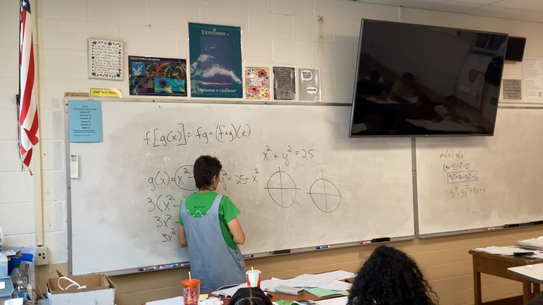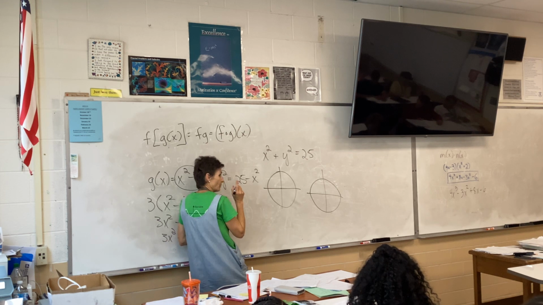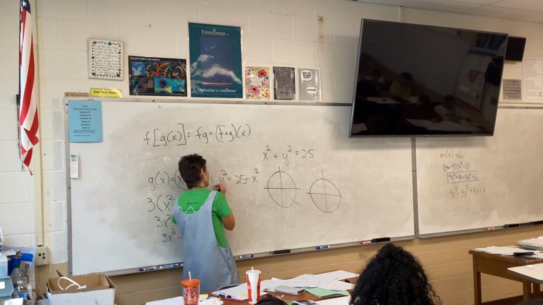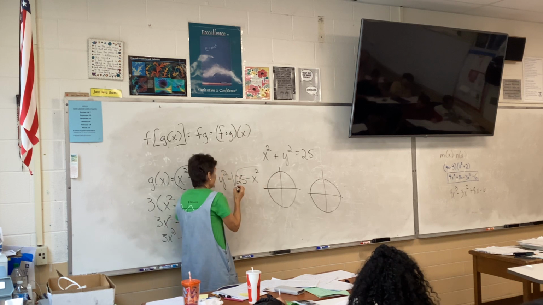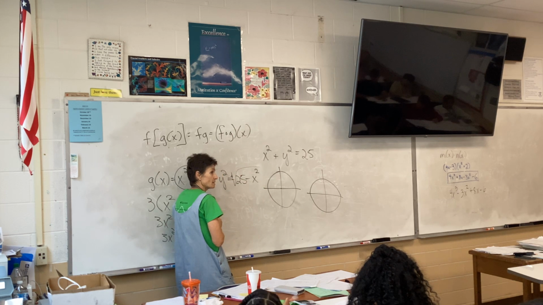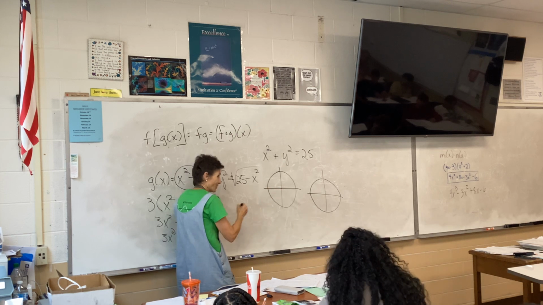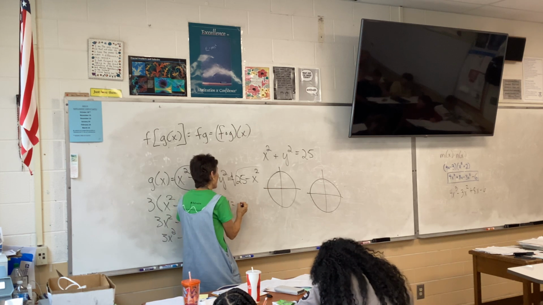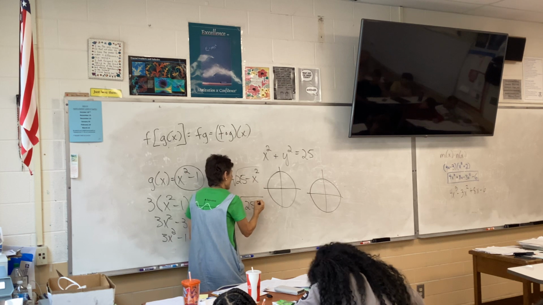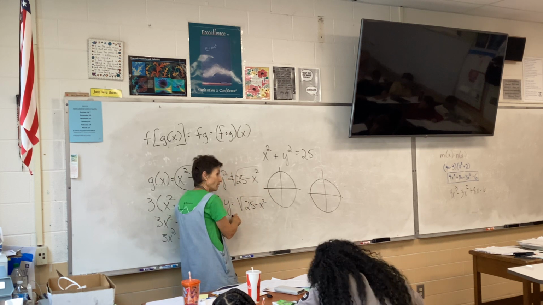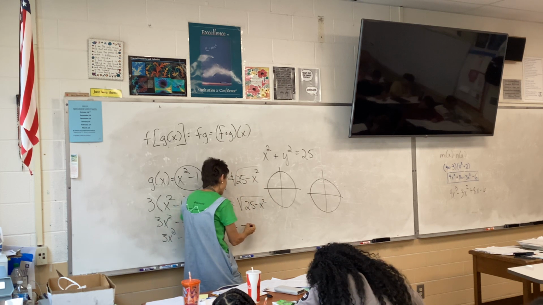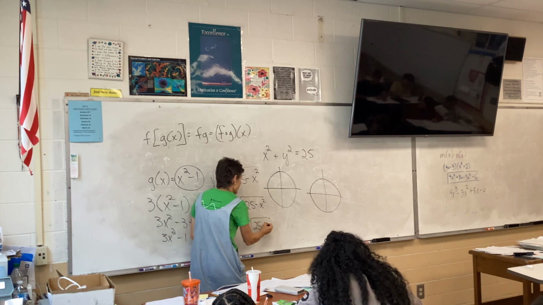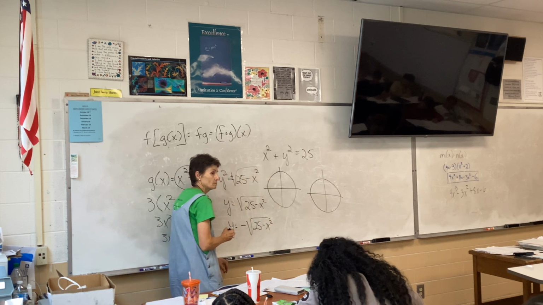How would I get y by itself? Square root. And you guys, remember when you square root, it's got to be plus or minus? Always. So you're going to get 2 equations. You're going to get the positive one, which is the top half of your circle, and you're going to get the negative one, which is the bottom half of the circle.